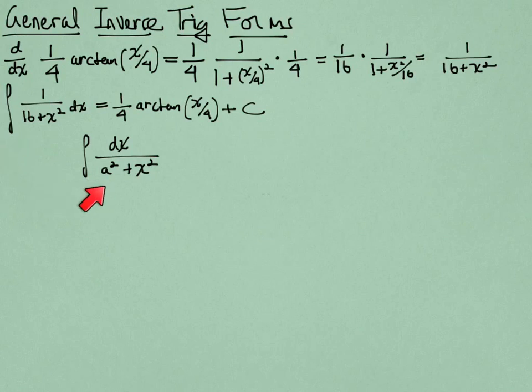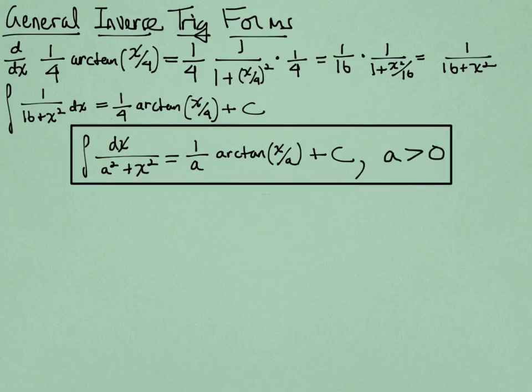So if I'm integrating a squared plus x squared, where a is a positive number, the answer will be 1 over a times the arctangent of x over a plus c. And again, a is the positive square root of whatever number you happen to have sitting there if it's not 1.